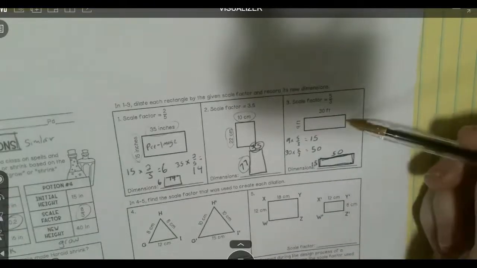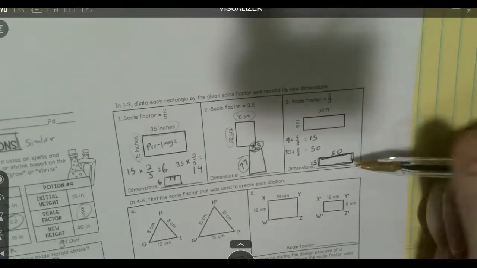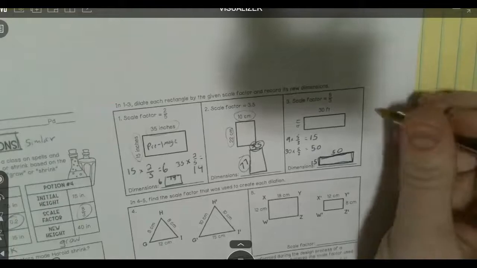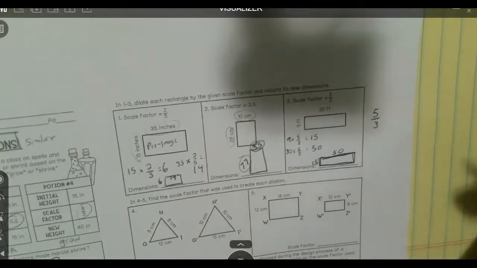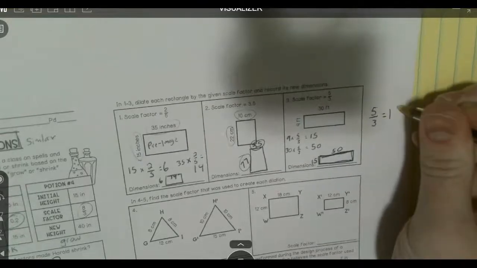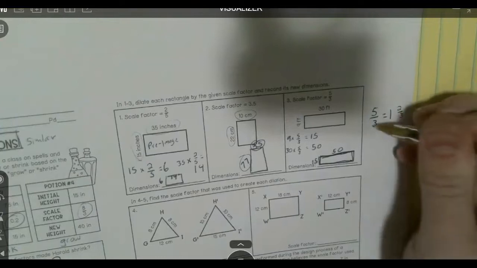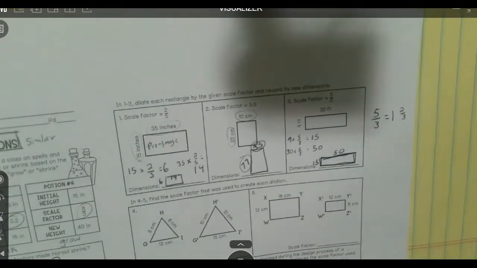This shape got bigger. I started off 30, now it's 50. So what gives? Oh, it's because the fraction 5/3 is actually an improper fraction, which is the same thing as 1 and 2/3. This number, even though it's a fraction, is bigger than 1.